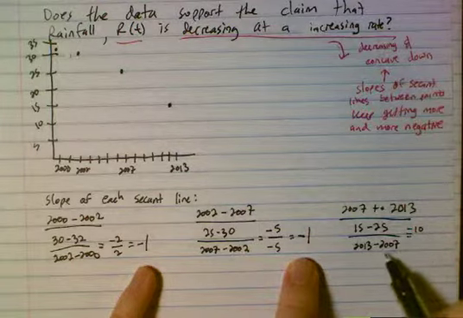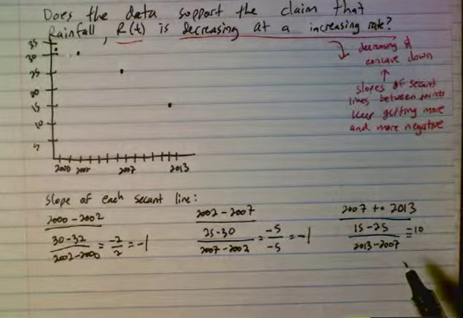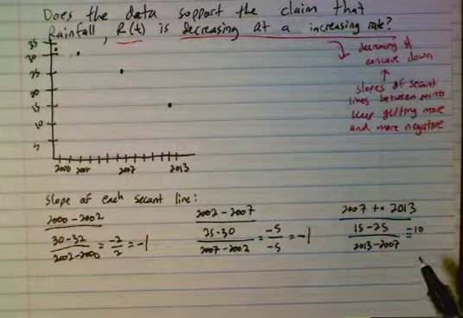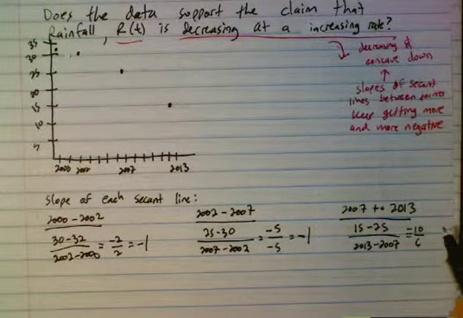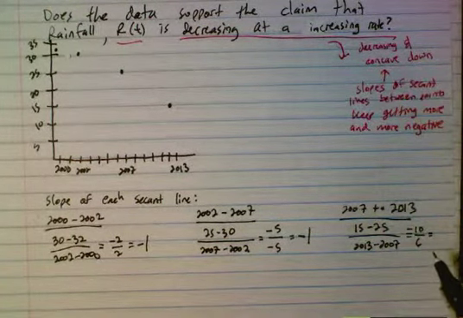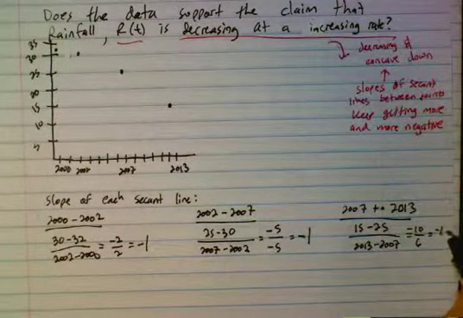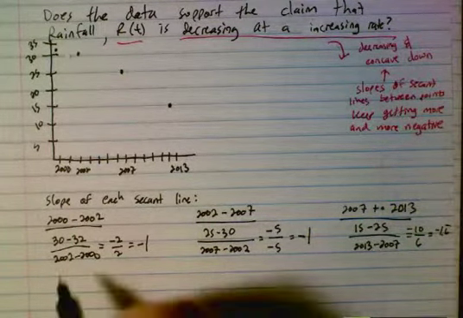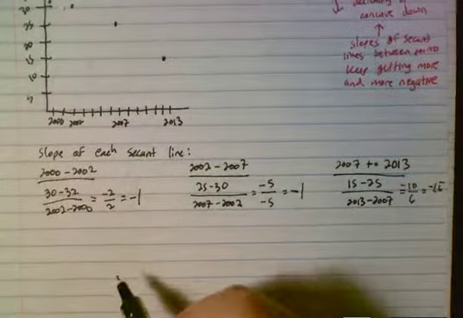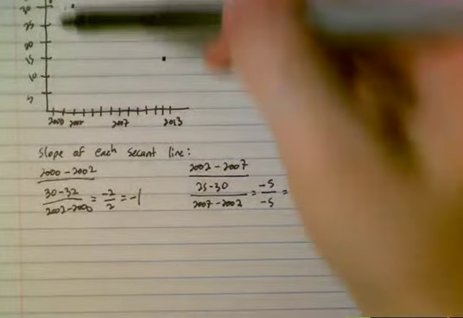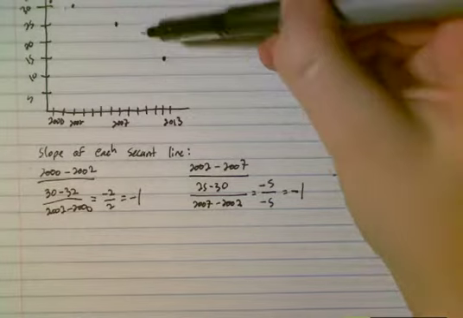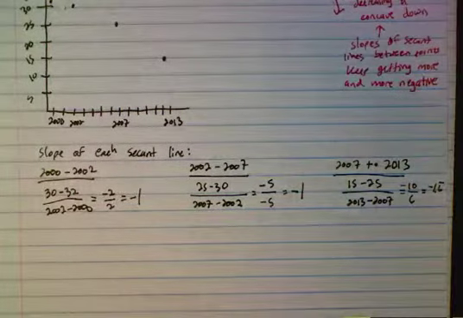Okay, so that's negative 10. And then 2013 to 2007 is 6. So that's negative 1.6 repeated. So what we see here is that basically this was a straight line and then started dipping a little bit.